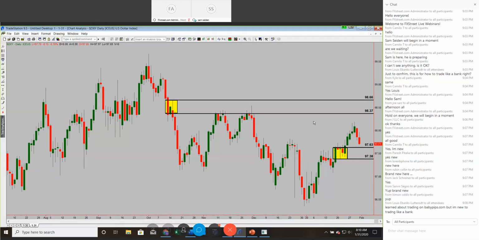And it all comes down to just pure supply and demand. Now, we can talk about all the influences on price, like economic reports and news events and coronavirus and all this other stuff. But at the end of the day, any and all influences on price are reflected in price.